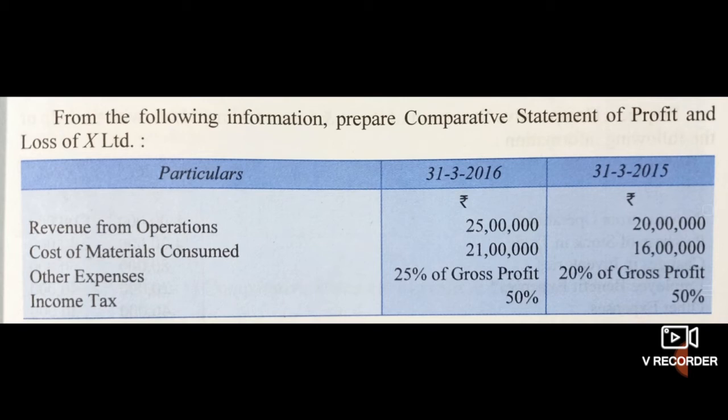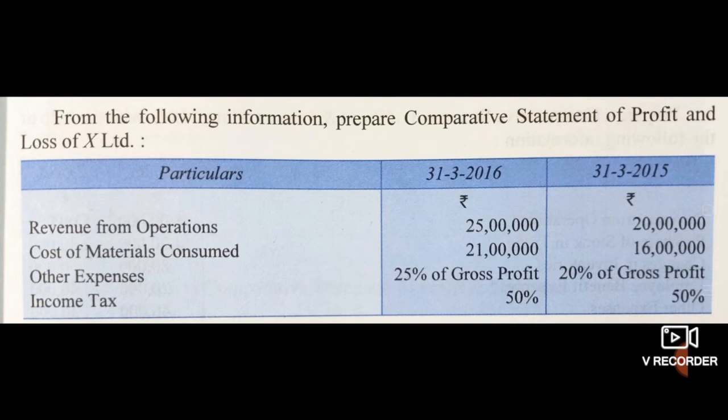Now other incomes are not there, so directly we can write less expenses. Cost of material consumed amounts are given, 21 lakhs and 16 lakhs. So you have to write 16 lakhs and 21 lakhs. Then other expenses. They told us that other expenses are 25% of gross profit. So first you have to calculate gross profit in your working note.